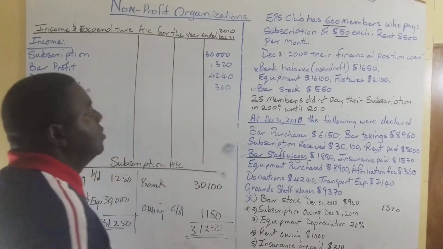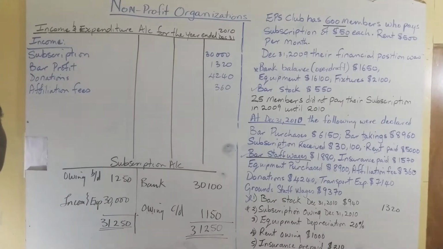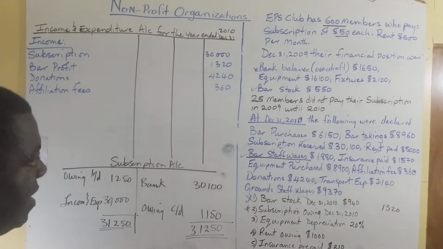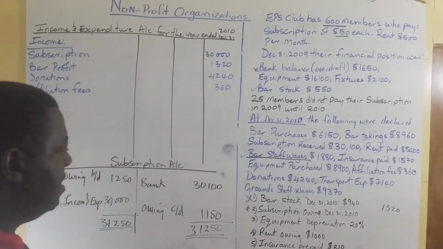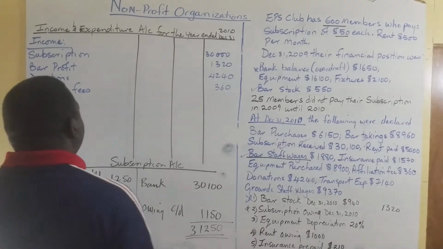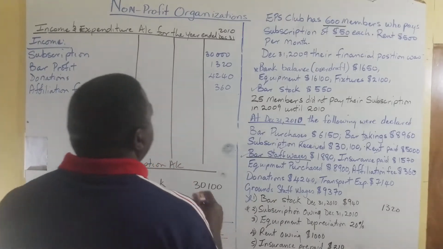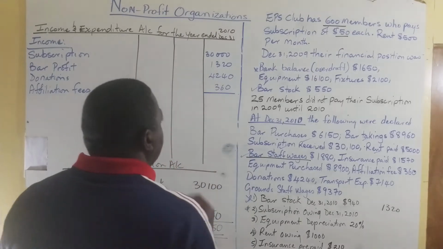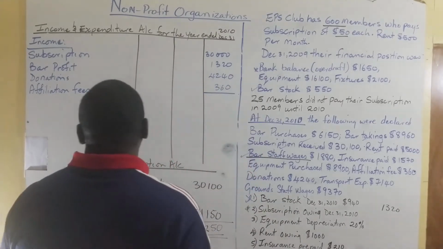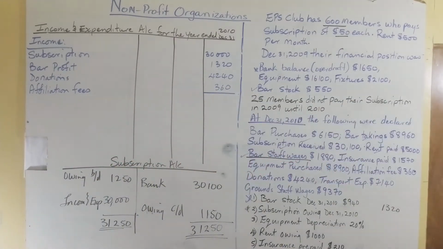All right, so we would have now prepared the affiliation fees. Are there any other income in this question? All right, doesn't seem to be. So now we can add up the total income, and then we move to the expenditure.